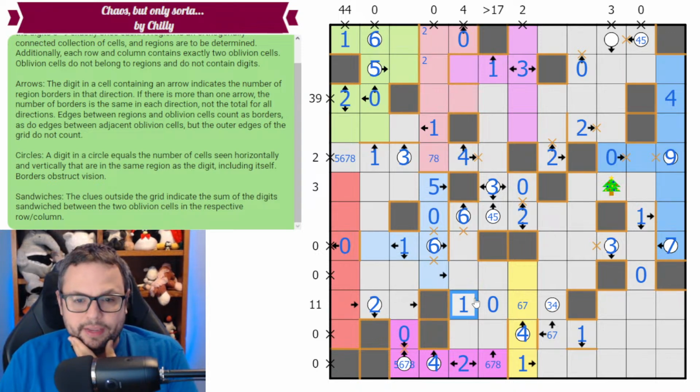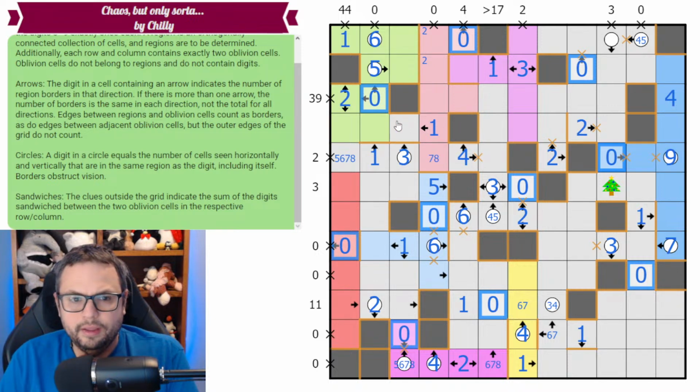So these are always connected, at the very least. Let's see. Martin is doing Sortadoku on zeros. So 0 in row 9.